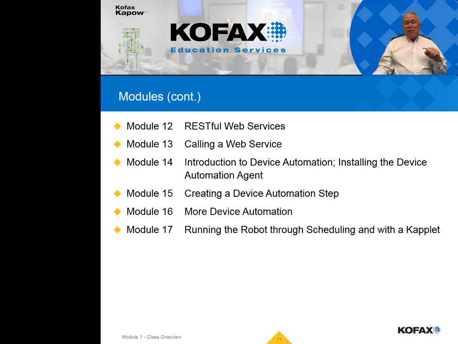And in module 17, we'll be taking that robot that you've created now, and we will run it from the management console, set up a schedule, okay, so it will happen automatically, and also have you create a caplet so you could install that on a user's desktop. They double click the button and it runs the robot for them.